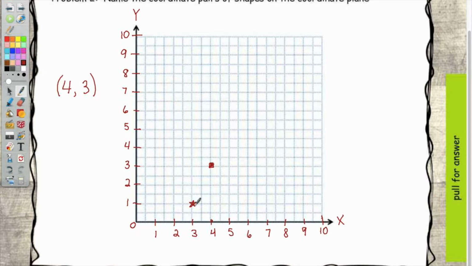So where is the star? Which number would I write first, the 3 or the 1? So the star is at 3, 1.